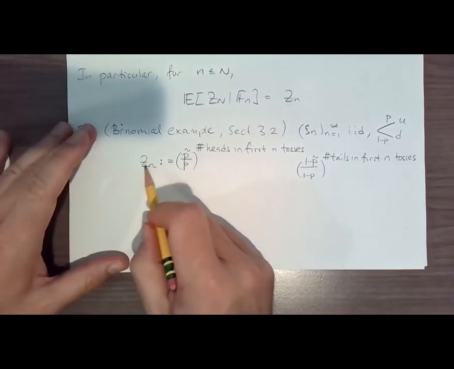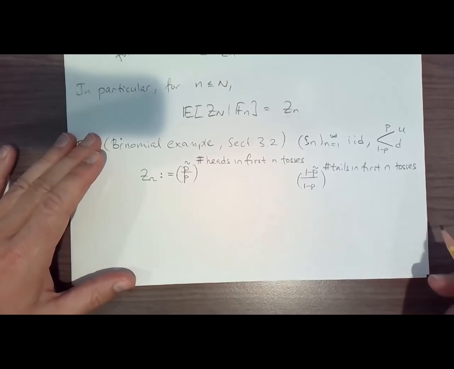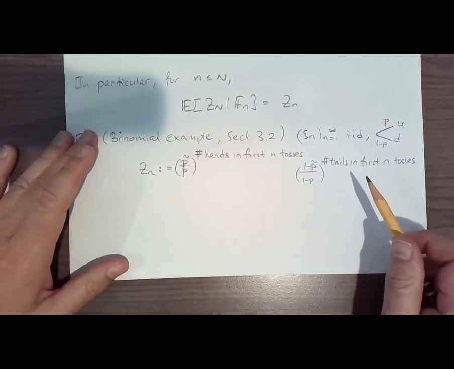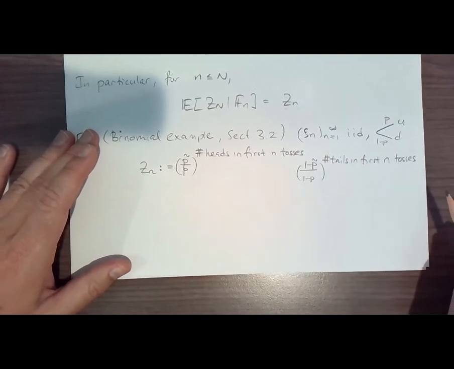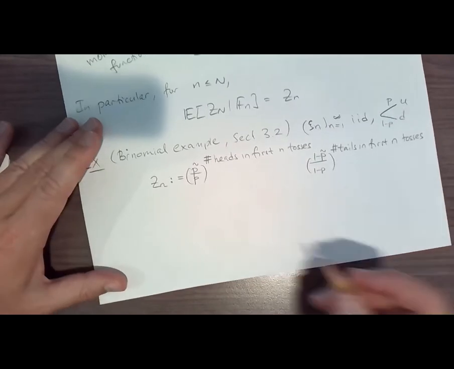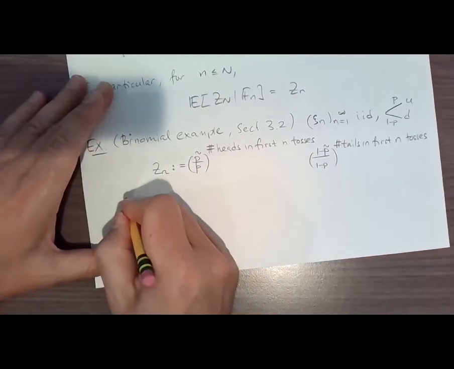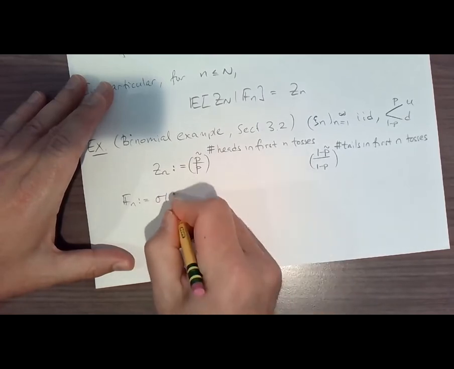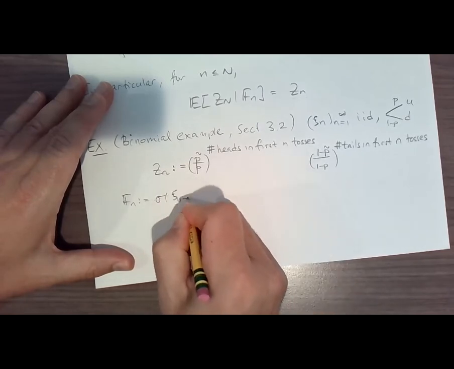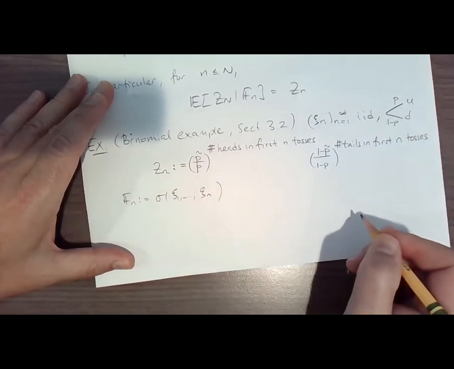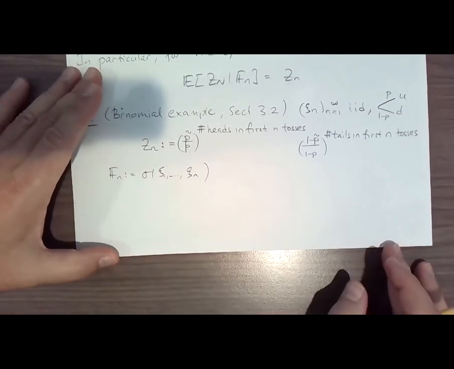Again, you'll see that Z_0 is equal to 1, because there's not going to be any tosses. It's positive. And what about the martingale property? Do we have a martingale here? So now we look at the filtration. The filtration in the binomial model is always given by these coin flips. Those ones we have here. So can we prove that this is a martingale?